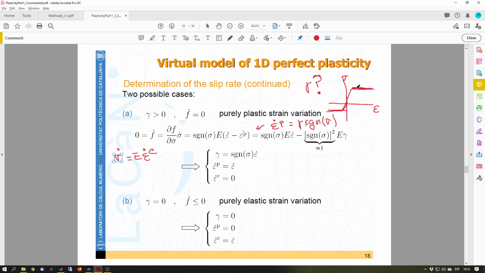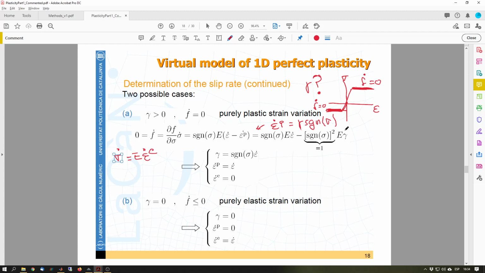So whether we are here, the sign of sigma is positive, or the sign of sigma is negative, and my plastic strains may be positive or negative. So in those conditions, we always have f dot equal to zero on those locations. So this allows us to say this must be equal to zero. The sign squared is always one.